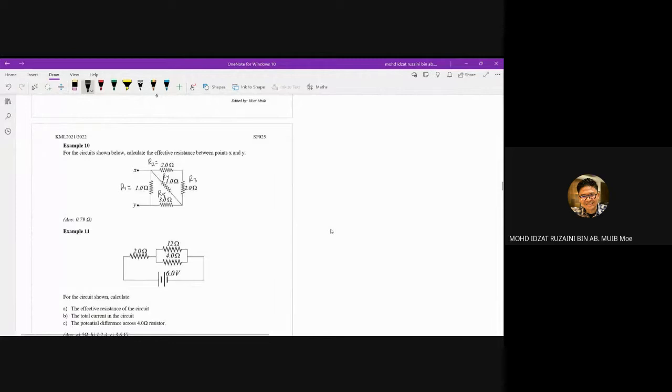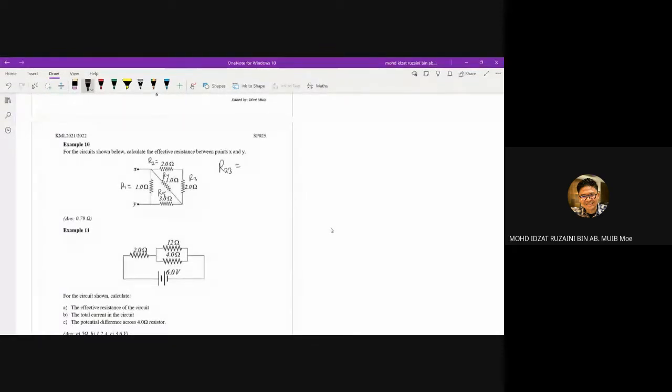Maka kamu akan buat R23 in series akan equal to R2 plus R3 equal to 4 ohm. Boleh? So after you have simplified R23, kamu akan end up your circuit dengan beginilah.